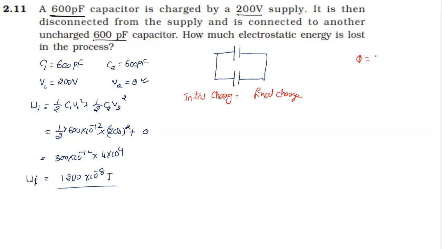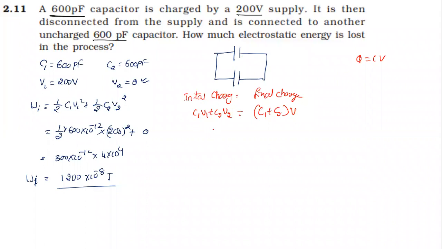So charge is given by Q equal to CV. So initial charge is C1 V1 plus C2 V2. Final charge, they're going to acquire a common potential. So it will be C1 plus C2 times V. Why did I take V common? Because since both are connected, they are going to acquire a common potential.